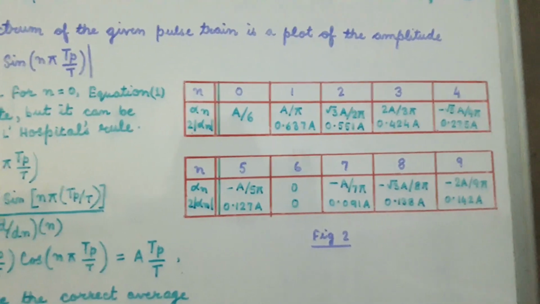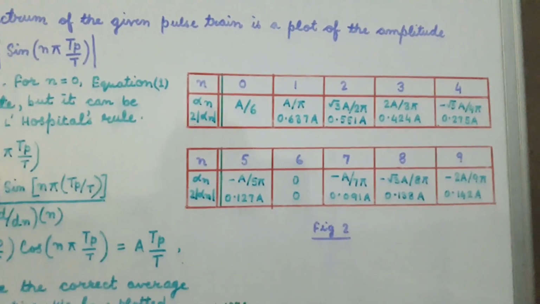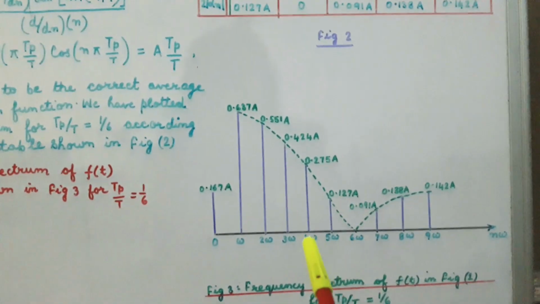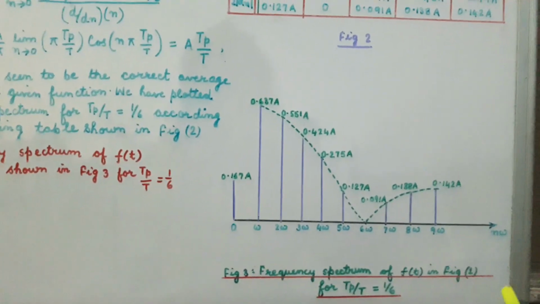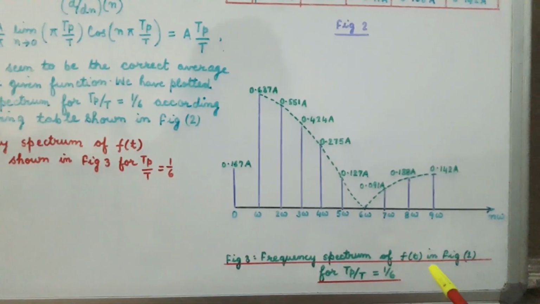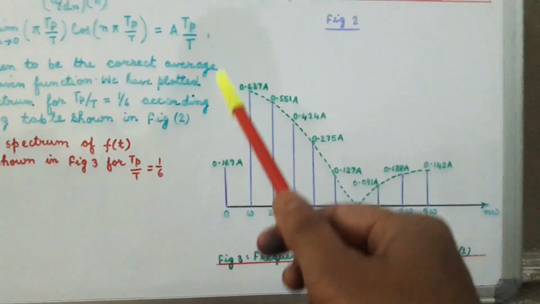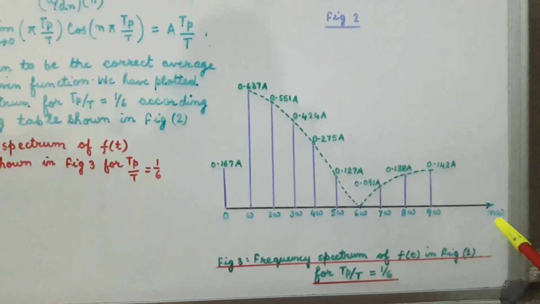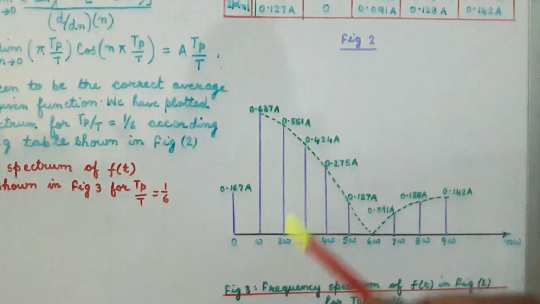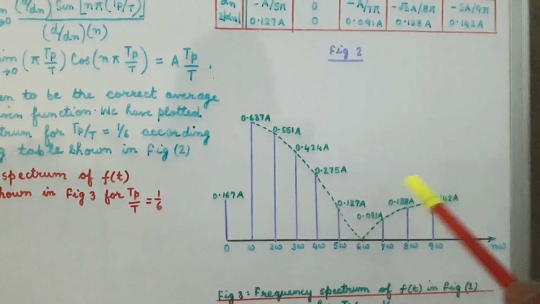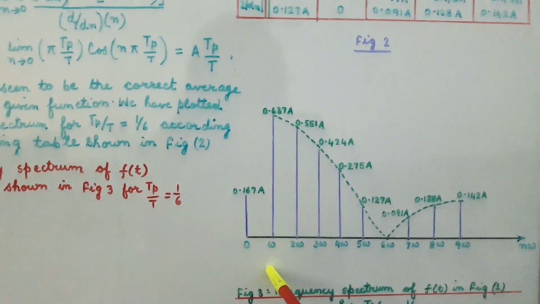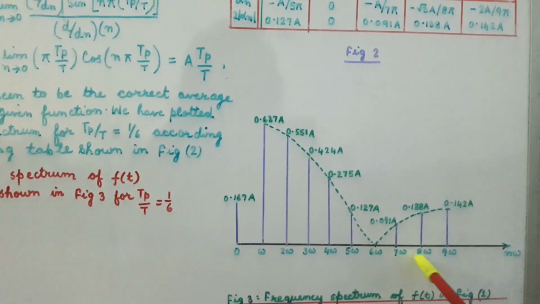After obtaining the values of the amplitude, we will plot them on a graph paper. Here we have shown the frequency spectrum for the given wave f(t), a plot of 2 times the magnitude of alpha n versus n omega, for n equal to 0, 1, 2, 3, 4, 5, 6, 7, 8 and 9.